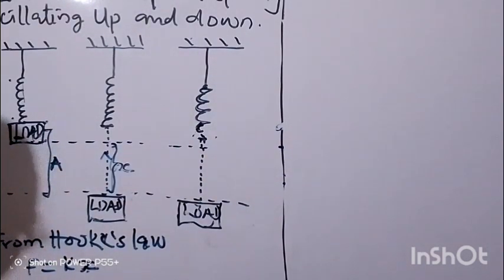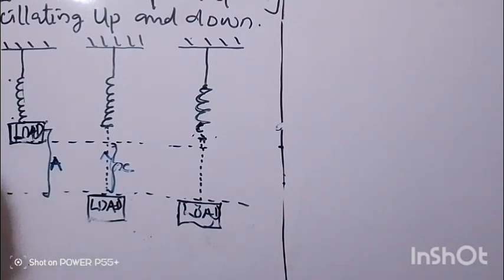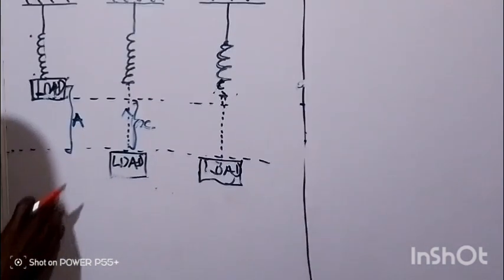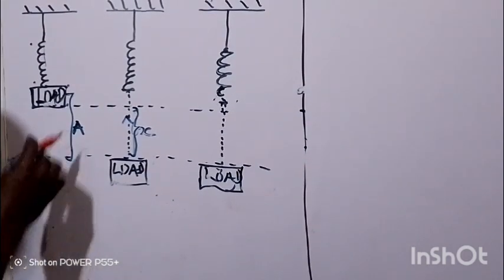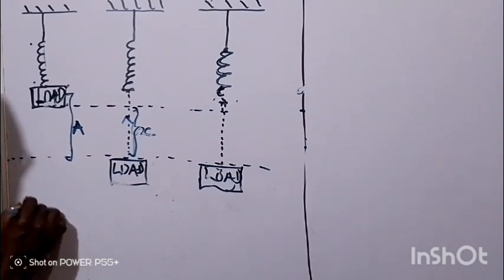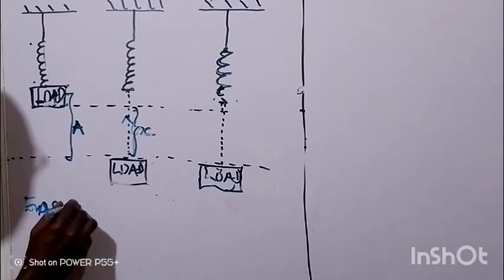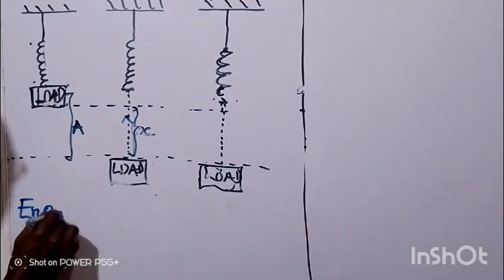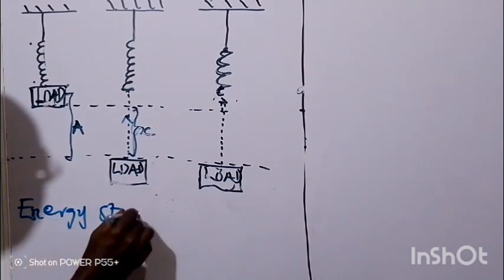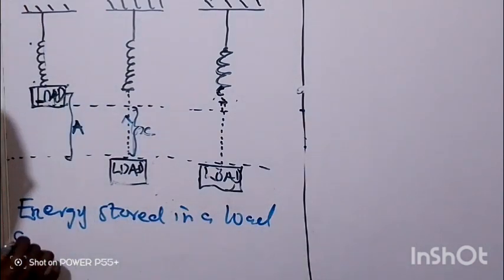So to consider this in terms of energy, we are going to have, from Hooke's law again, the energy stored in an extended spiral spring, the energy stored in a loaded spiral spring.